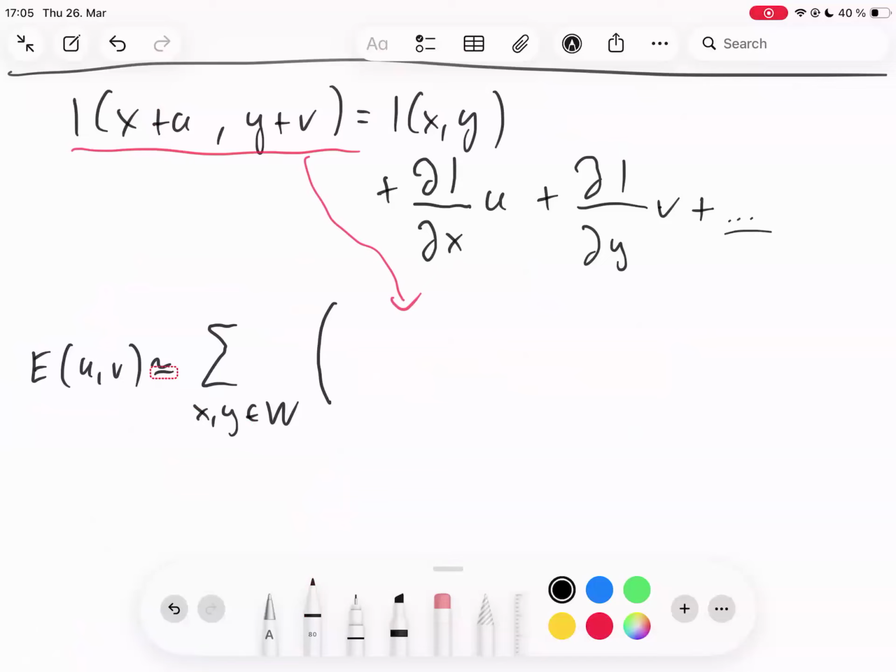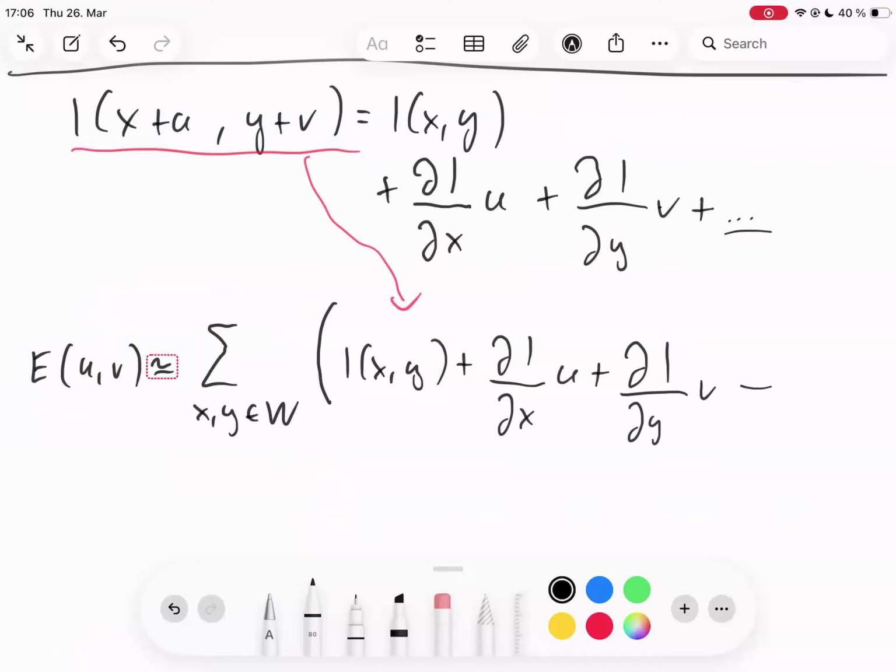That's why approximately. So the intensity of xy plus the partial derivative of the intensity function along x times u, plus the partial derivative of the intensity function along y times v, minus the intensity of xy as this came from before, and we square the error.